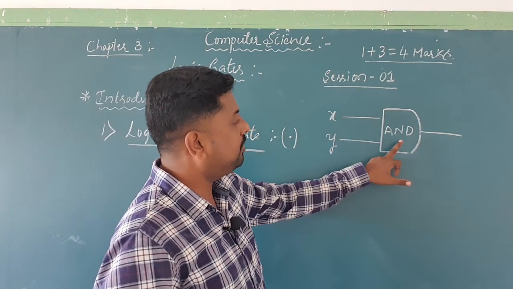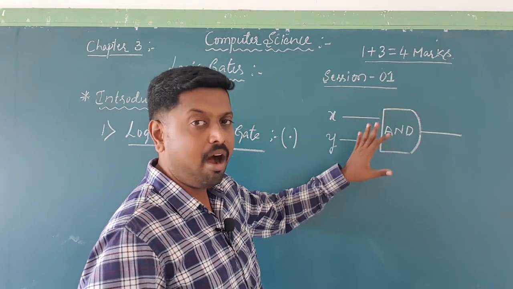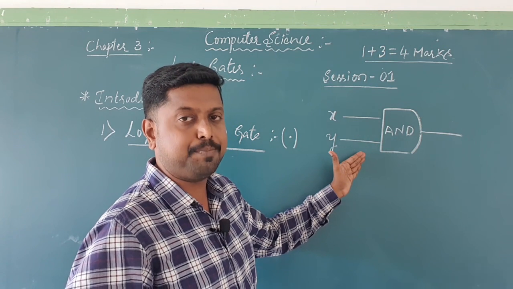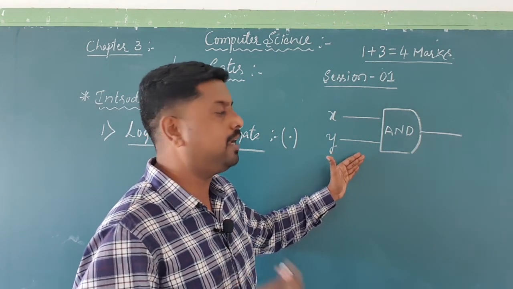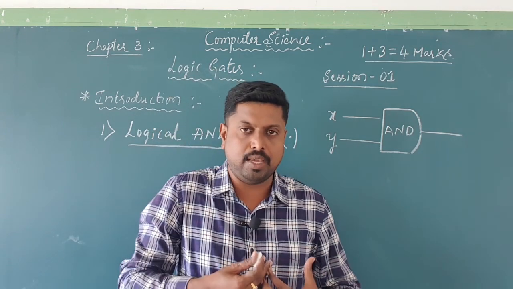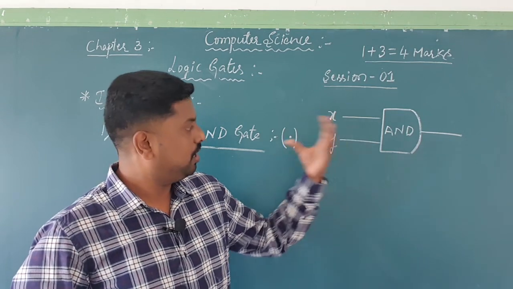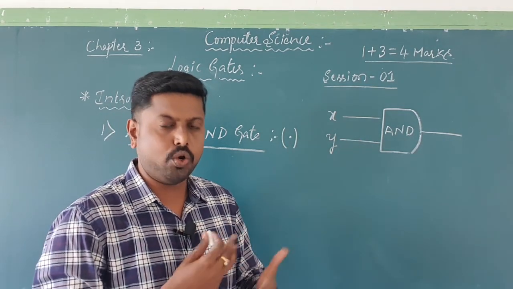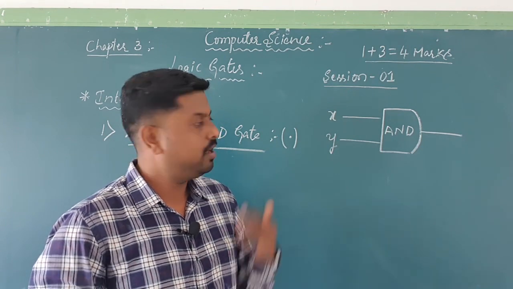See, this logical AND gate accepts one or more inputs, not only two; it will accept 1, 2, 3, 4, like that we can give the inputs. Now I will show you a two input logical AND gate first, and later the 3 input AND gate also.